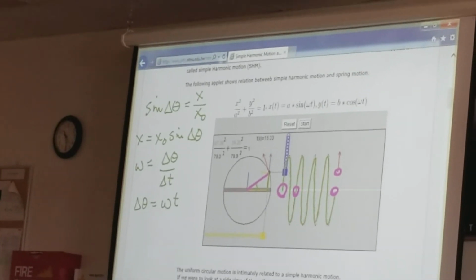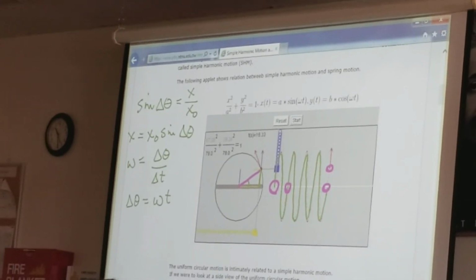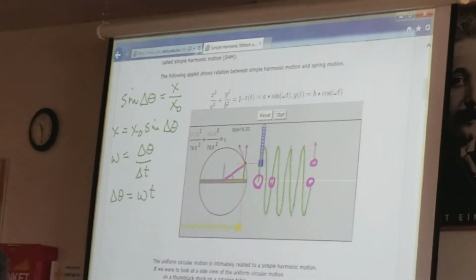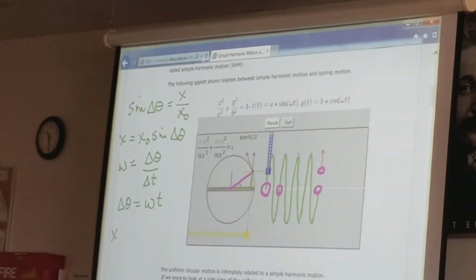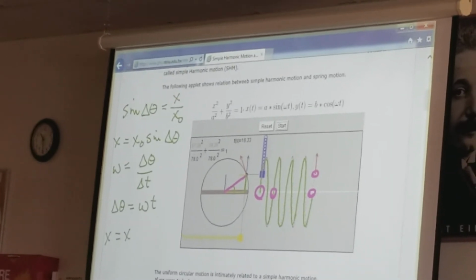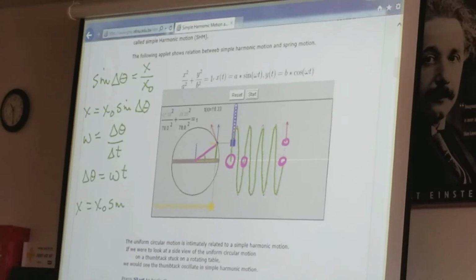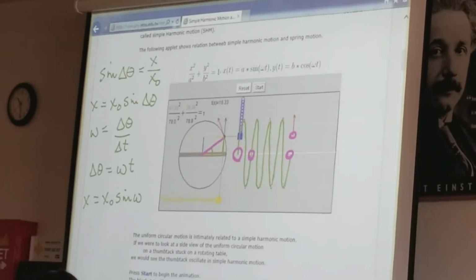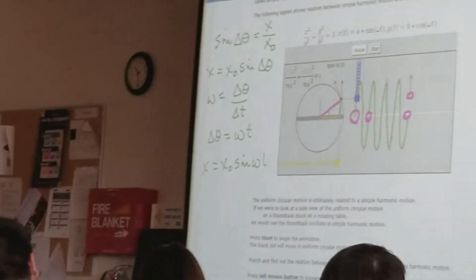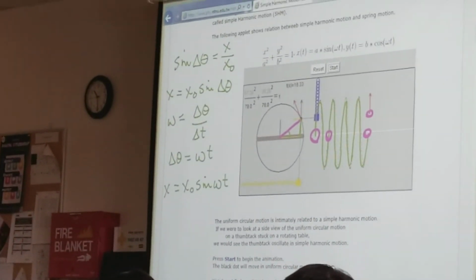I wish it did. It bothers me tremendously that it doesn't, but I can live with that. So I can rewrite this and say the displacement of the mass as a function of time is the amplitude times the sine of the angular frequency of the mass times time.